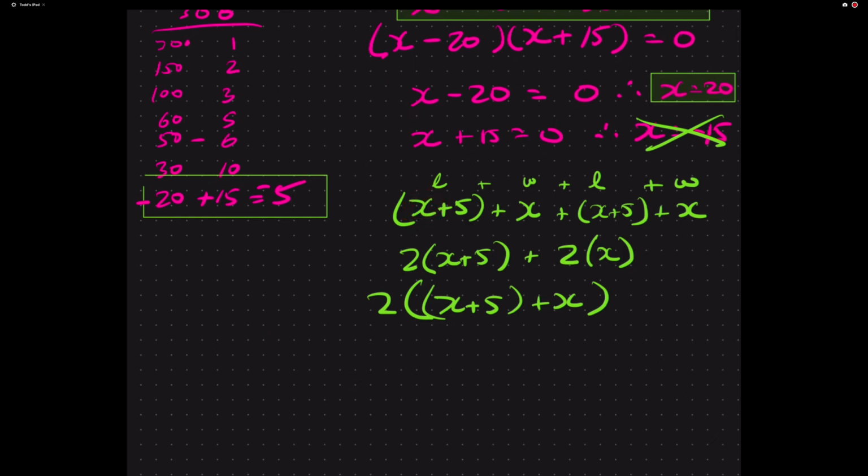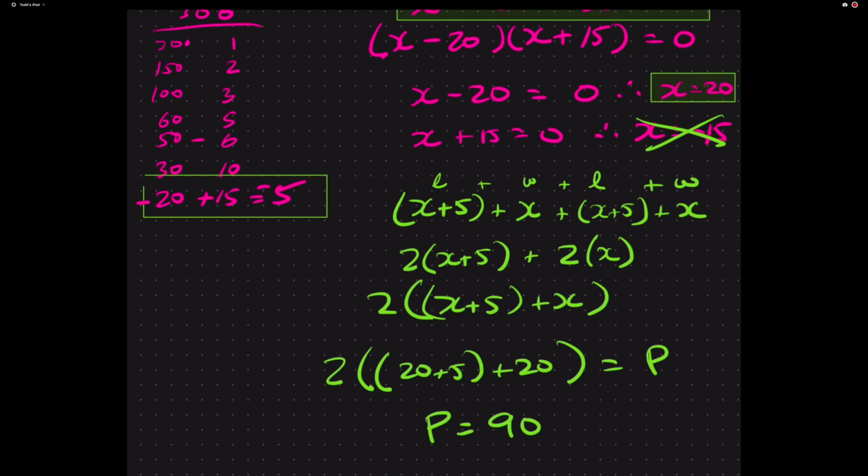So really what we end up with is 2 times 20 plus 5 plus 20, and that is going to equal our perimeter. Now I just need to punch it into the calculator the way I laid this out: 2, bracket, 20 plus 5, close the bracket, plus 20, close the other bracket, and we get the perimeter equals 90.